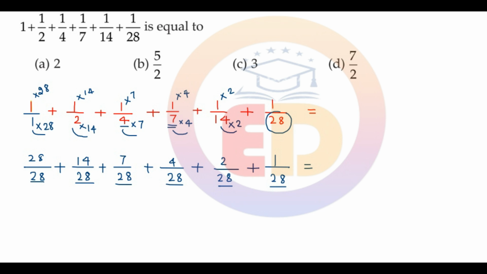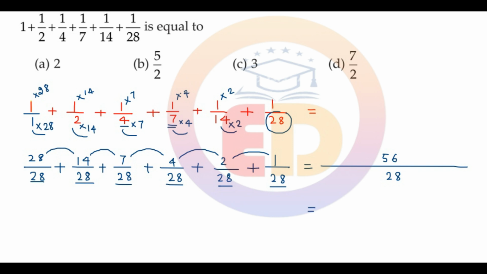And since all of them are now like fractions, I will keep the denominator of the answer the same, 28, and simply add the numerators. 28 plus 14 is 42. 42 plus 7 is 49. 49 plus 4 is 53. 53 plus 2 is 55. And 55 plus 1, adding all the numerators, I am getting 56.